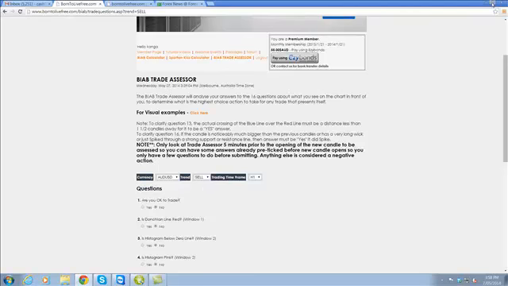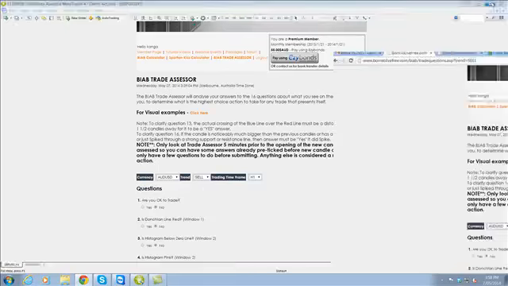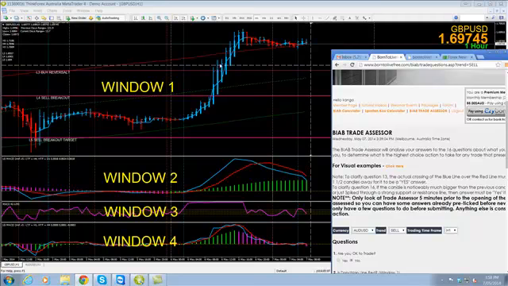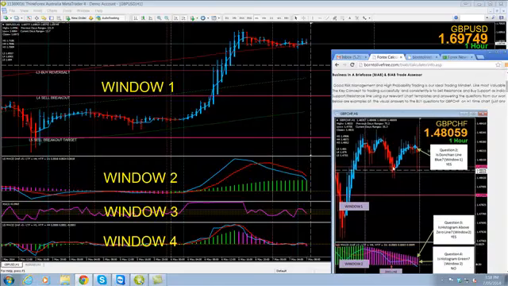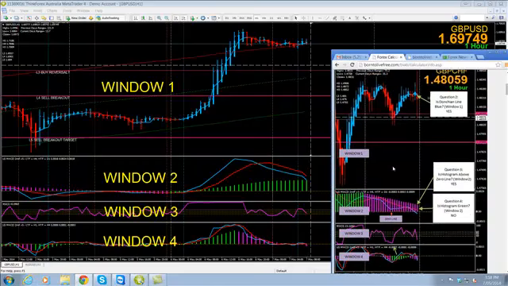What I suggest now is to minimize it so you can have it alongside, because over here, you can quickly see exactly how to answer your questions.